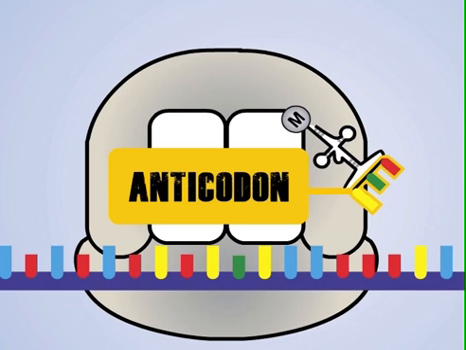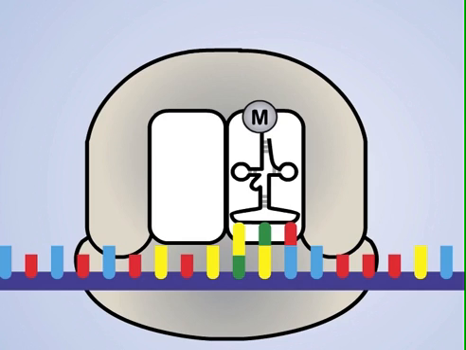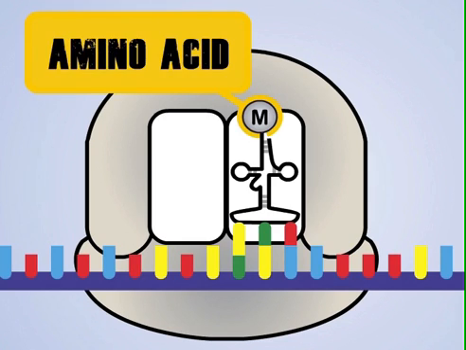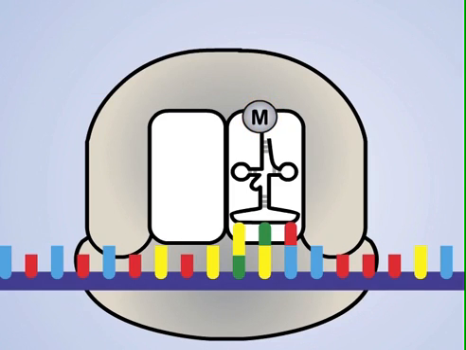The transfer RNA molecules attach to the messenger RNA. Each transfer RNA carries an amino acid that corresponds to the codon of the messenger RNA. The first amino acid in the chain is methionine, coded for by AUG.